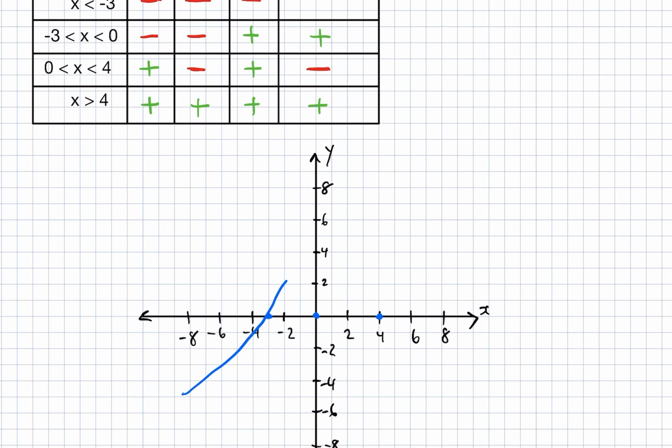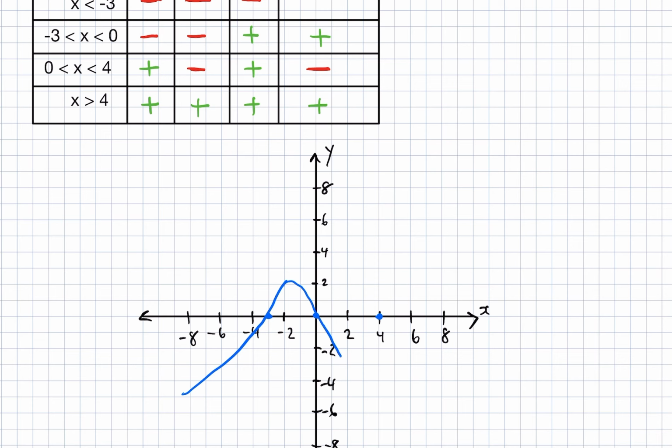Okay, now let's take a look at the next interval. From -3 to 0, that's from here to here, we see that it is positive. Okay, so we know that this is all in the positive territory. Okay, so we're going to graph this down here.